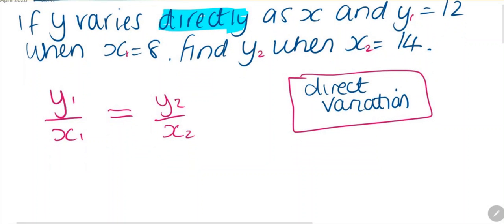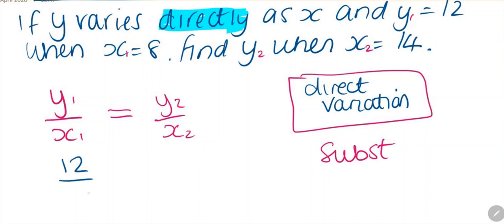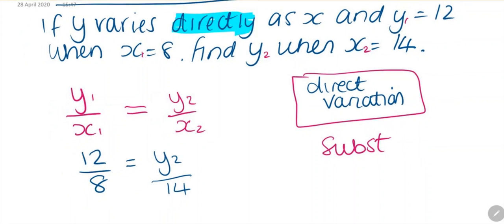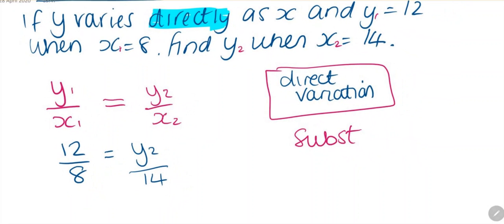So we're going to substitute in the values that we know. y1 is 12 and x1 is 8, and this is y2 we need to find, divided by x2, which is 14. So I'm going to multiply both sides by 14.